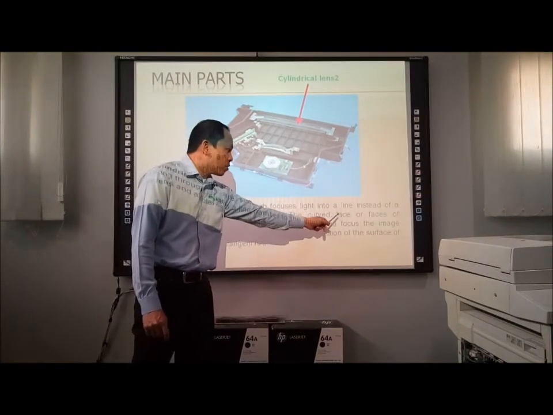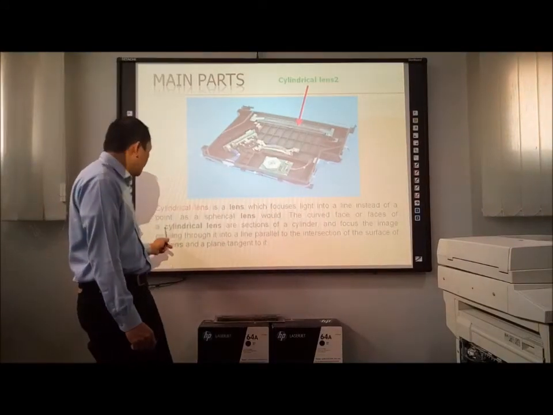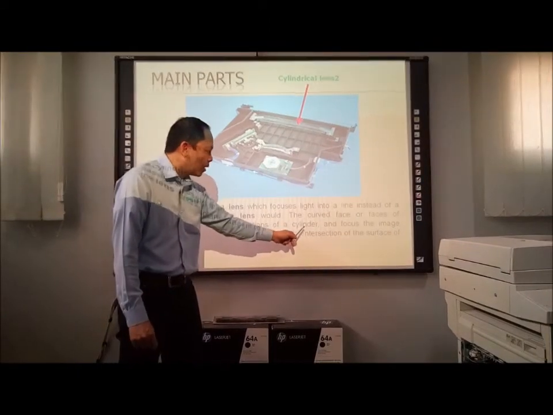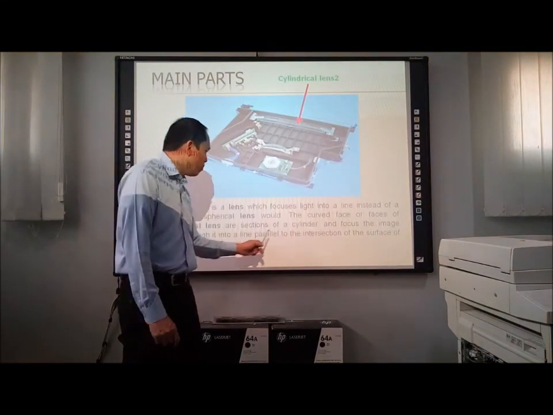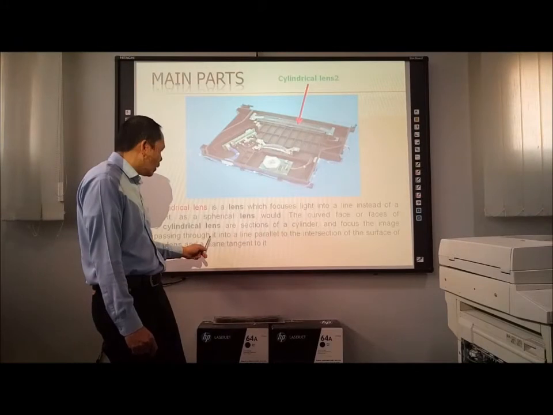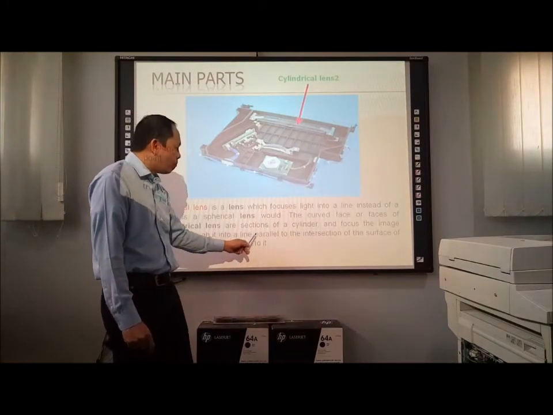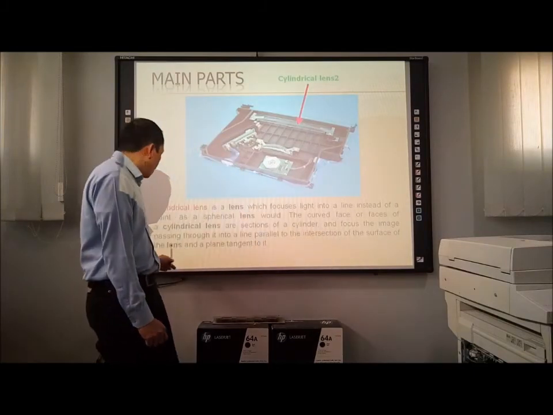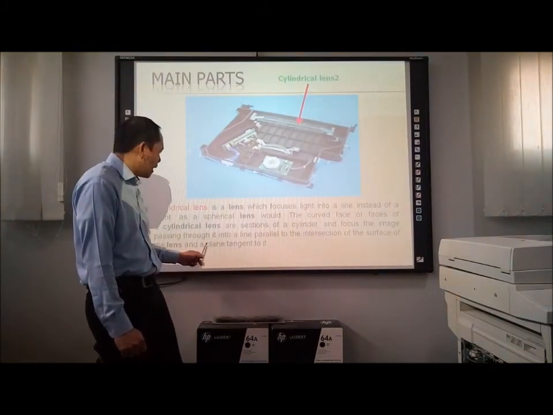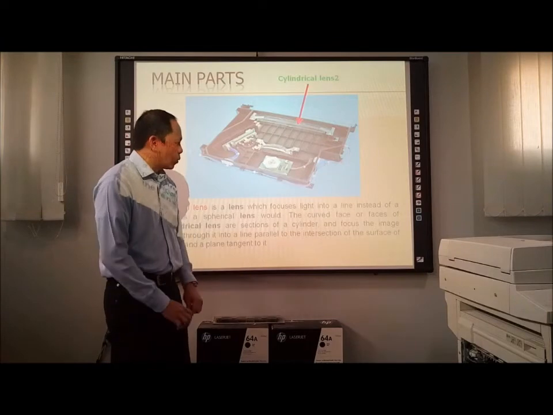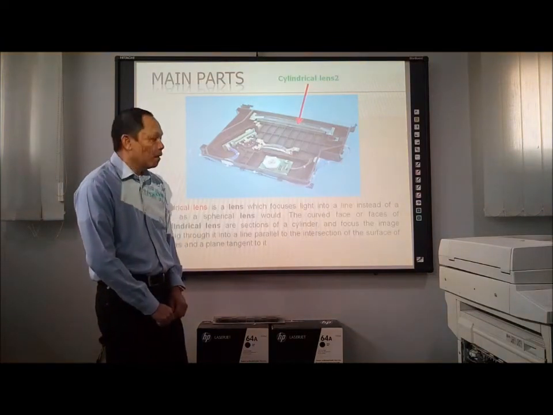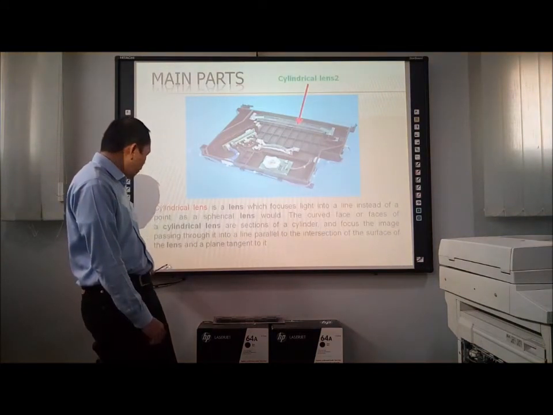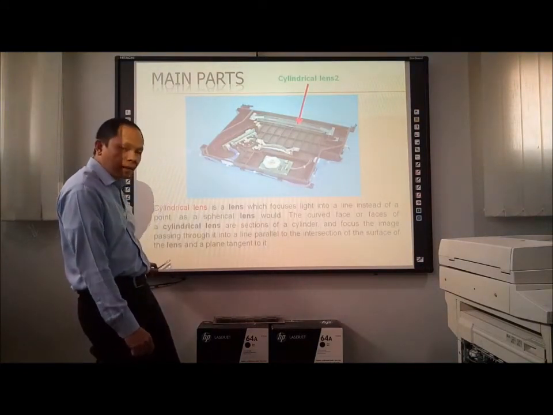The curved face or faces of a cylindrical lens are sections of a cylinder and focus the image passing through it into a line parallel to the intersection of the surface of the lens and a plane tangent to it. So that is the function and the definition of a cylindrical lens.